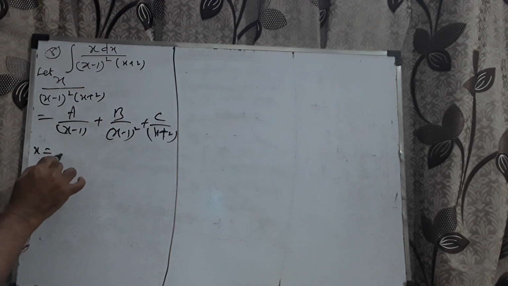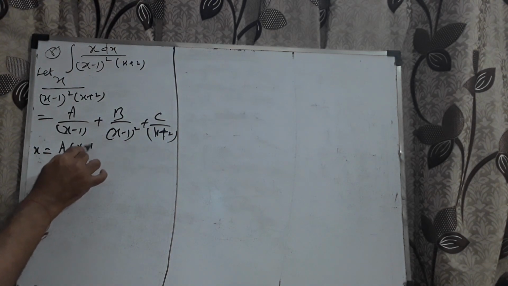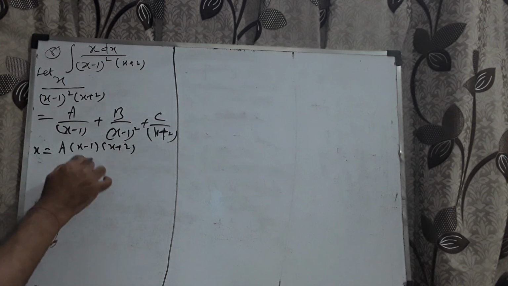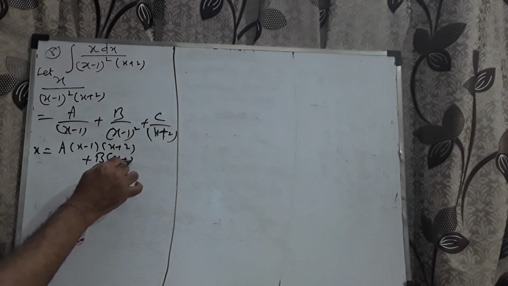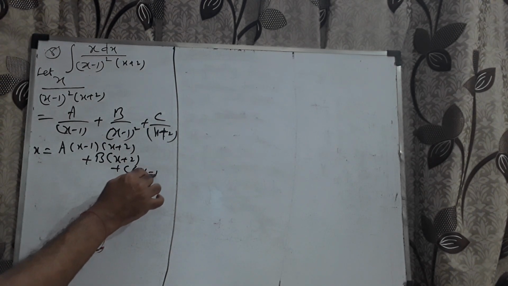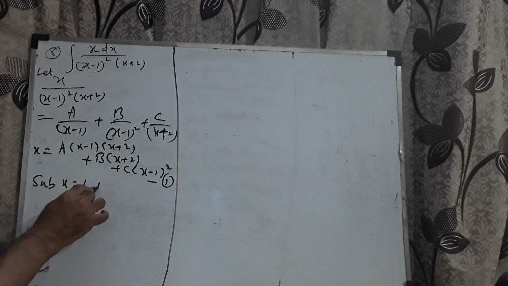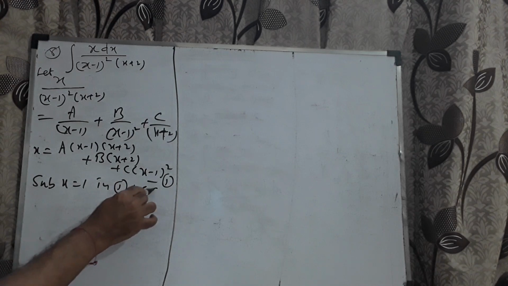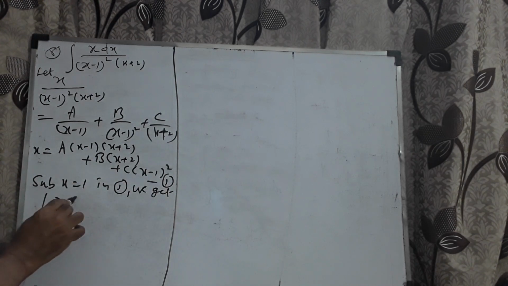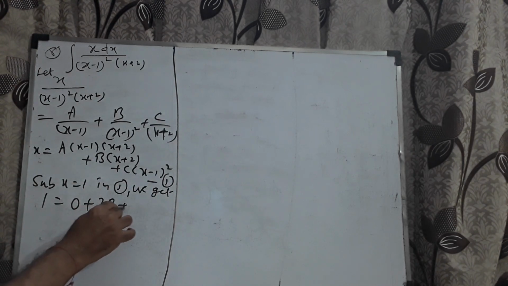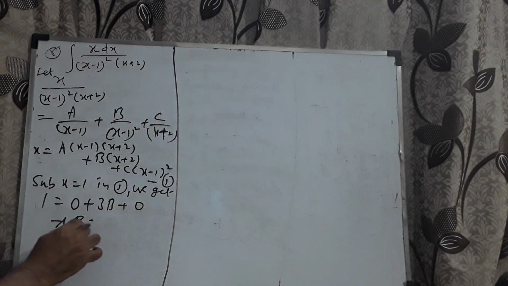Now after taking LCM and simplifying, this becomes x equals A into (x minus 1) into (x plus 2) plus B into (x plus 2) plus C into (x minus 1) whole square. Now substitute x equal to 1 in (1), we will get 1 is equal to 0 plus 3B plus 0, which implies B happens to be 1 by 3.